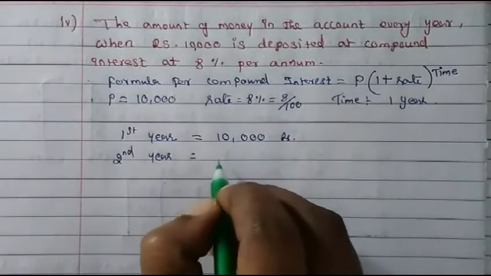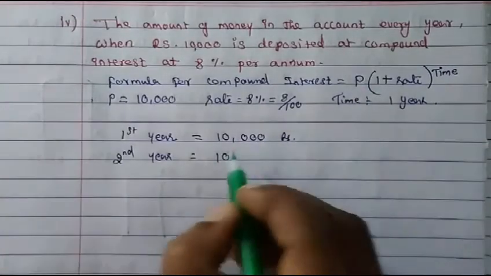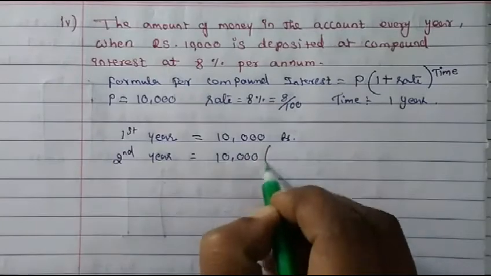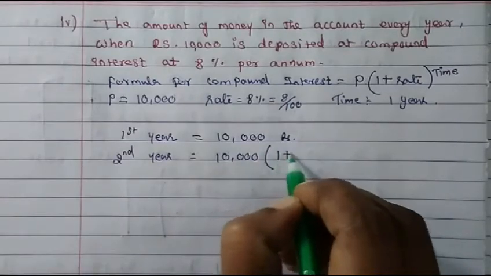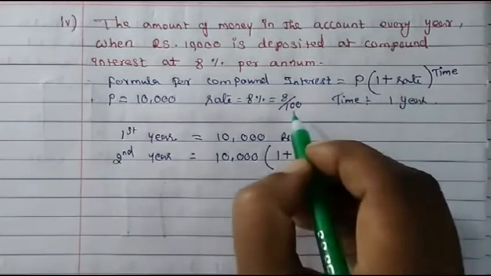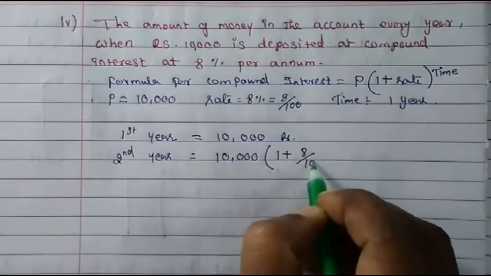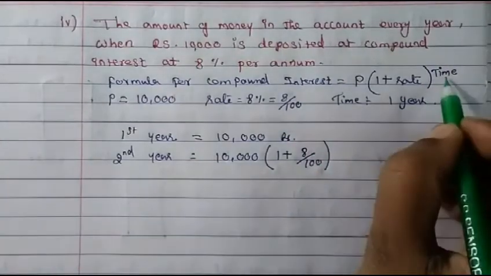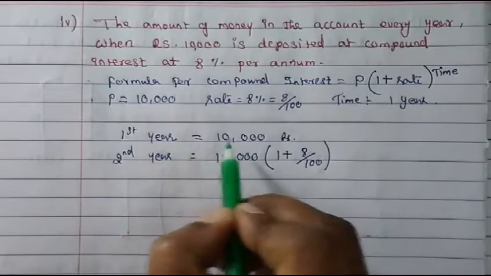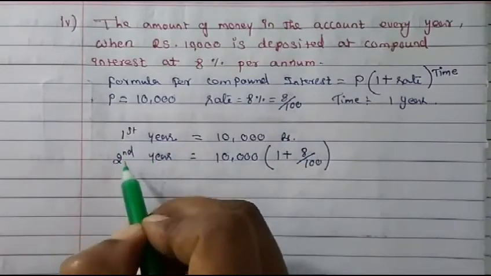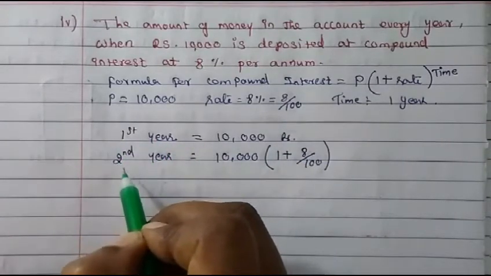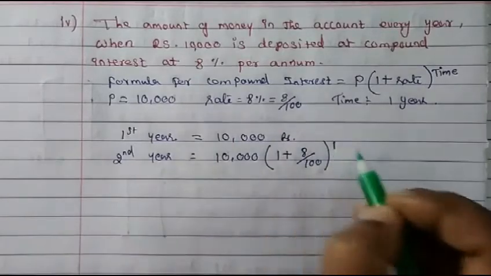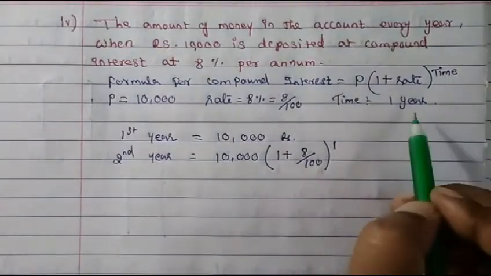The principal amount is 10,000 times 1 plus the rate, which is 8 upon 100, and the time is after depositing, the next year, so after 1 year. The time is 1 year.